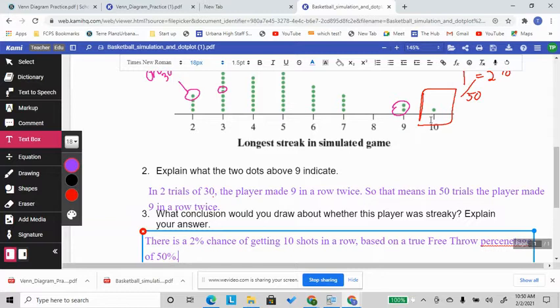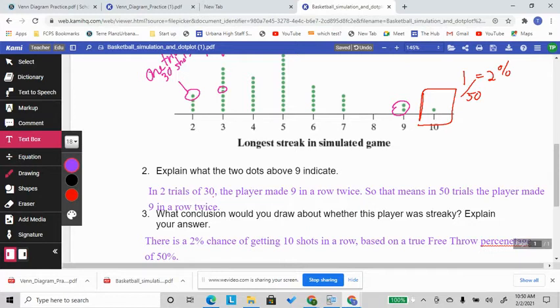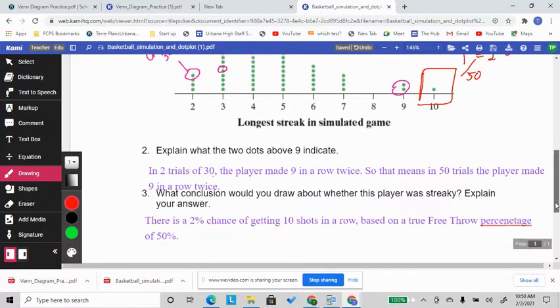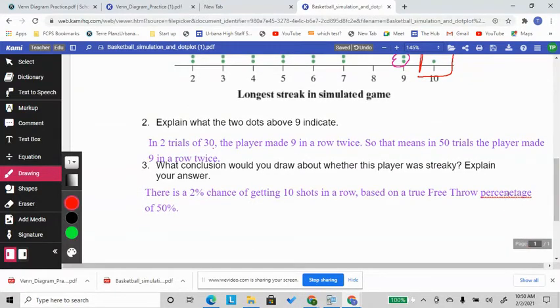So based on our simulation, we have 1 out of 50 times, which is 2%, of getting these 10 shots in a row based on a true free throw percentage. Typo, sorry, I was typing really fast. I'll clean that up.